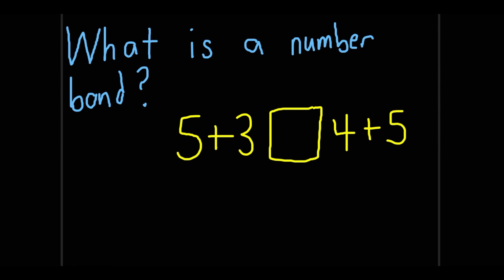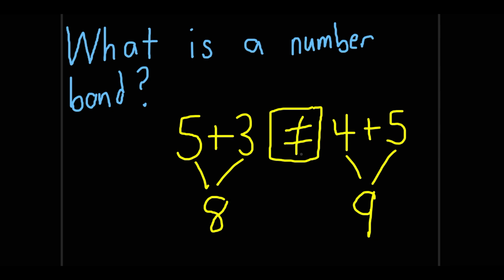Okay, so here we go. Notice what I'm doing. I am using the logic behind a number bond in terms of evaluating this expression. 8 and 9 are not equal. But notice how I use my logic or my understanding of number bonds to compare the 2 numbers.